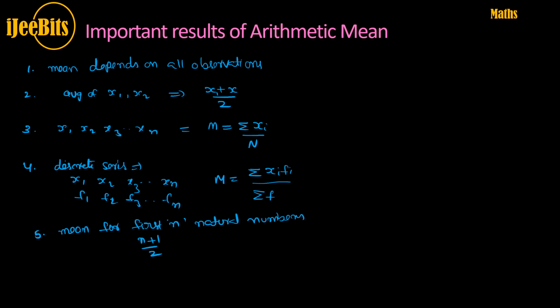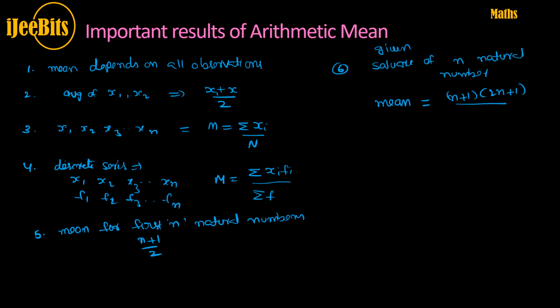If you are given the squares of the first n natural numbers, what would be the mean? A simple shortcut for the mean is n plus 1 multiplied by 2n plus 1 divided by 6.